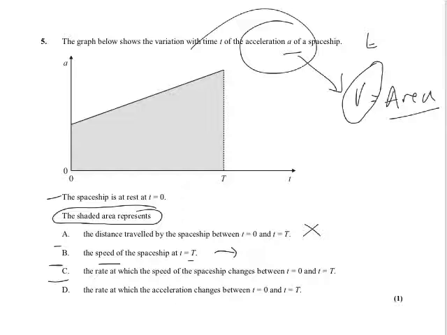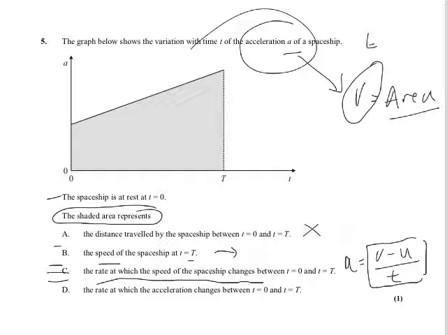C, the rate at which the speed of the spaceship changes. Basically, the rate of change of speed. Now, you should remember the definition of acceleration is the rate of change of velocity. It could just as easily be the rate of change of speed. That's just as correct. So does it represent the acceleration?